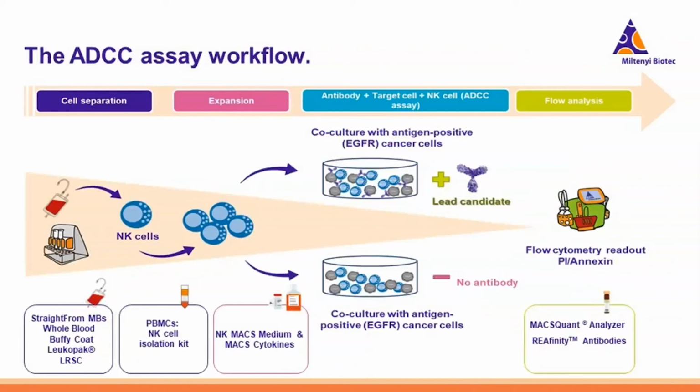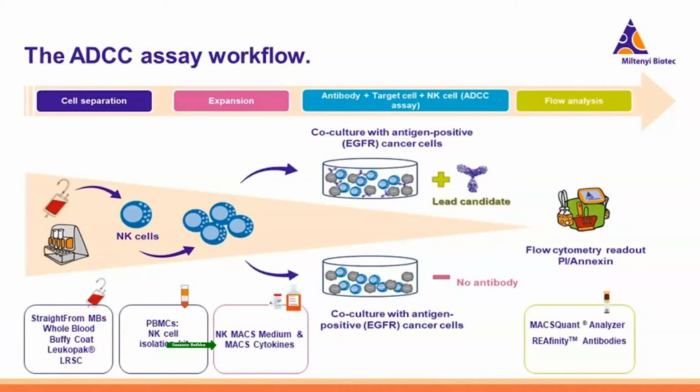And these are the products I recommend for this assay. I told you before, the straight from microbeads to isolate your NK cells from whole blood, Buffy coat, Leukopak, or LRSC. Then also the NK cell isolation kits for the isolation of NK cells from PBMCs. Then the NK MACS medium and MACS cytokines.